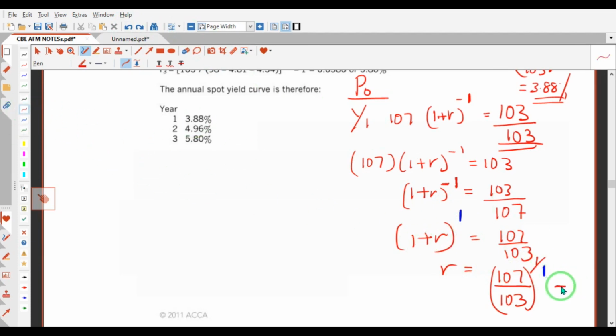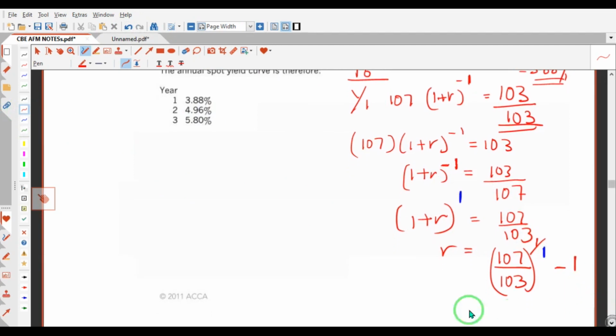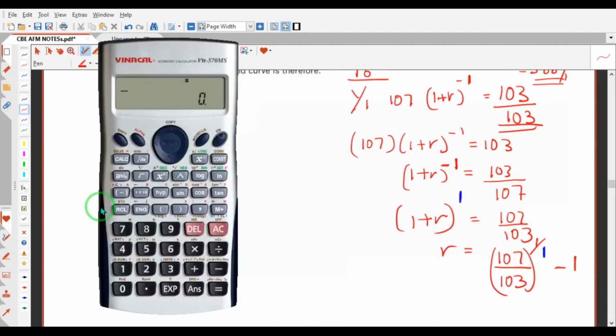Let's just get the red color. Minus 1, and you press your calculators. I think it's not a problem. So you're going to get 107 divided by 103. I'm going to press equals to. I know it's power of 1 makes no difference, but I just want to show you how it's going to be done. I'm going to open up the bracket, 1 divided by 1, close the bracket, and I'm going to have to minus 1.